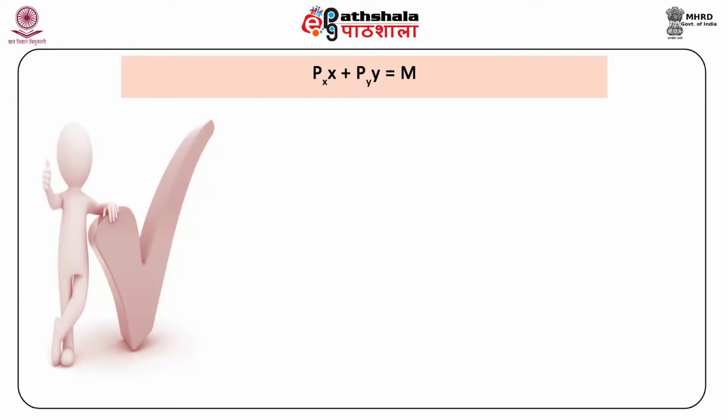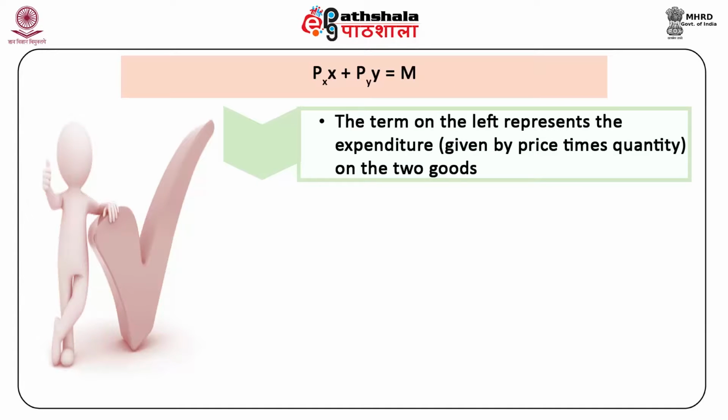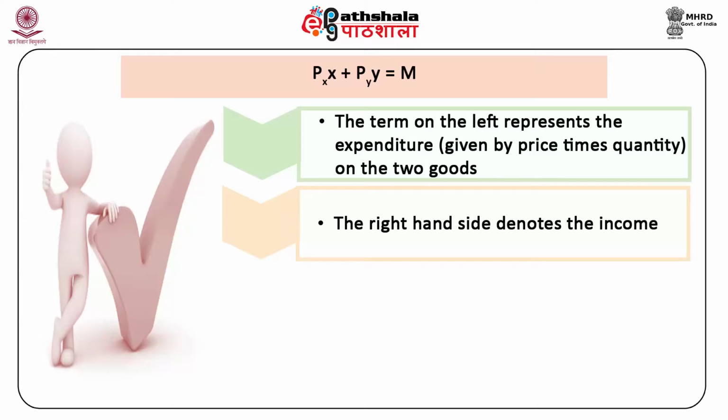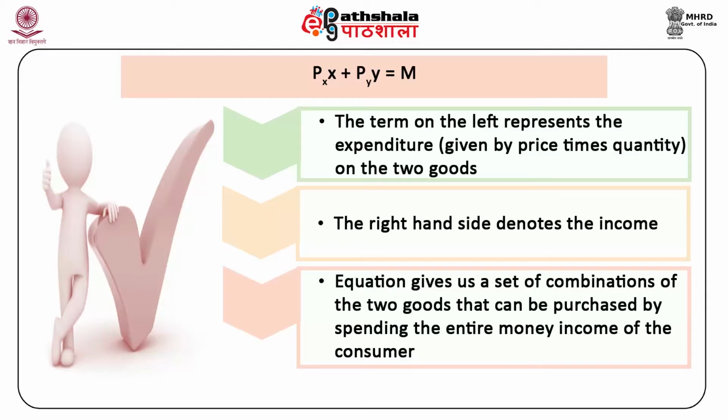In equation 1, the term on the left represents the expenditure given by price times quantity on the two goods, while the right hand side denotes the income. Thus, this equation of the budget line gives us a set of combinations of the two goods that can be purchased by spending the entire money income of the consumer.